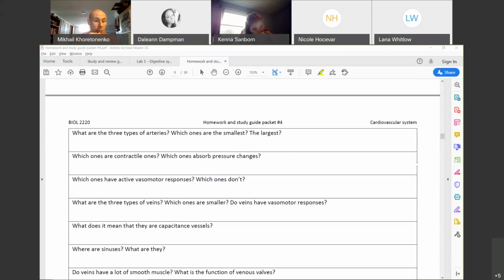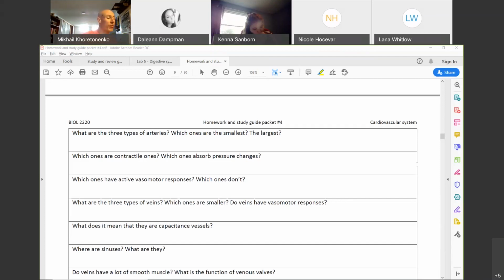Three types of veins: postcapillary venules, veins, and sinusoids. Postcapillary venules are the smallest. Veins do have vasomotor responses, but usually it's the larger ones. They are capacitance vessels. That means that about 60% of all the blood that we have in the circulation at any given moment is in the veins.